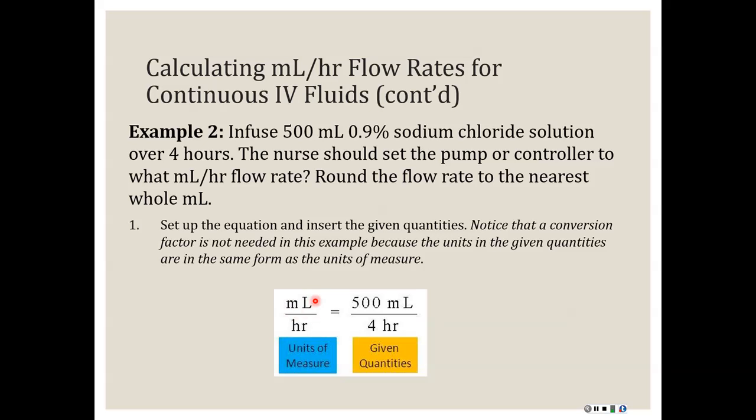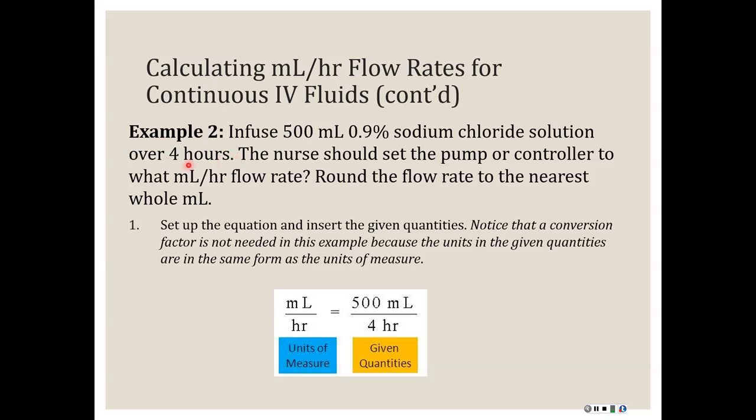What we always do is look at this first numerator and what we're looking for. So we have milliliters up here, and my first step is knowing that milliliters goes right here. Then I look at my problem and see what has milliliters in the problem that I can use. And I see right here, 500 milliliters over 4 hours.